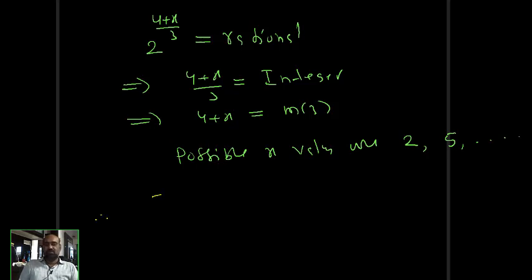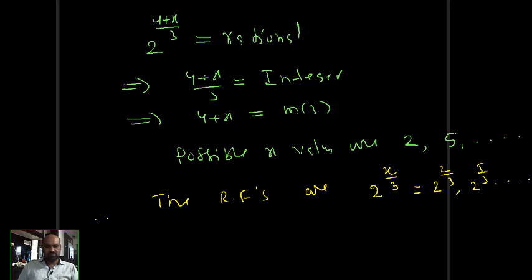Therefore the RF I can write as 2 power x by 3, that means 2 power 2 by 3, 2 power 5 by 3, and so on; these all are RFs.